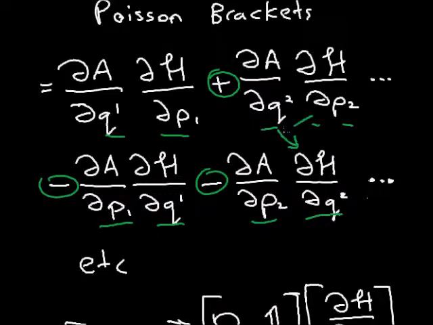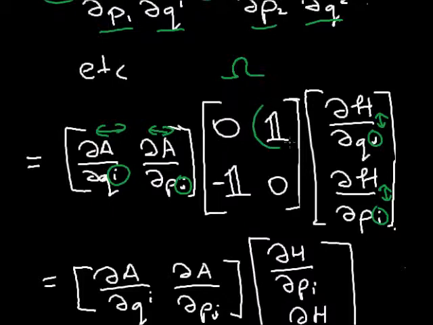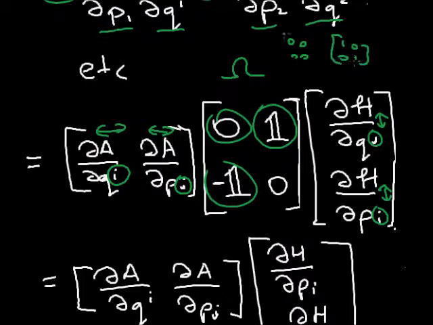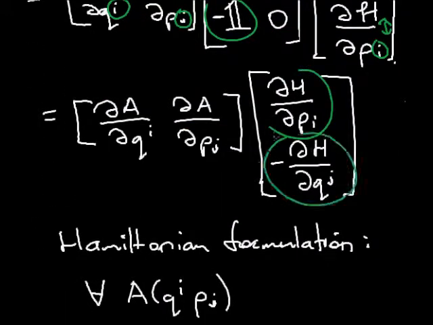We can rewrite the Poisson bracket in matrix form, where the i index represents a whole row of Q and P derivatives, all 2n of them, and likewise this 2n column vector. The matrix in the middle, called the symplectic matrix, is a 2n by 2n matrix where the zeros and ones represent the zero and identity matrices respectively, and it switches the order around so that the 2n column of position and momentum derivatives becomes a string of momentum derivatives, then a string of negative position derivatives.